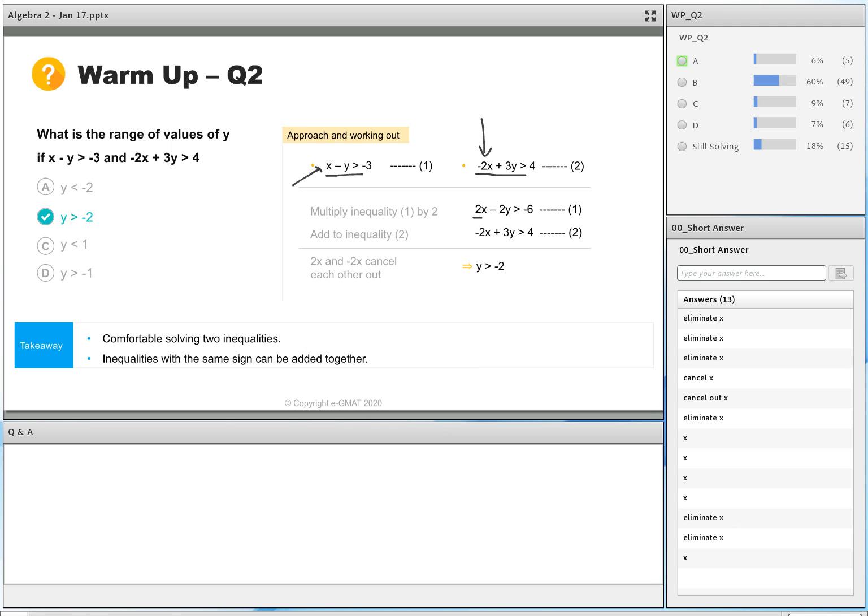Now, when I add both these inequalities, we can eliminate the x part. And then what do we have? We have minus 2y plus 3y, which is essentially plus y, and minus 6 plus 4, which is minus 2. So hence, the answer for this question becomes y greater than minus 2, which is choice B.